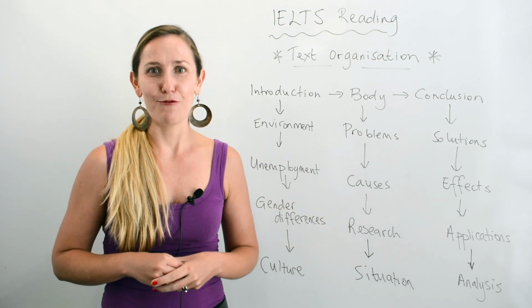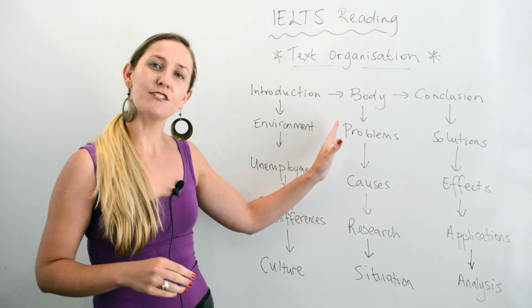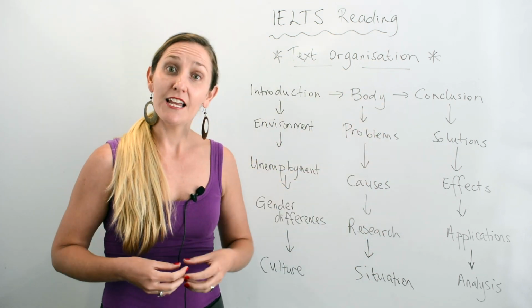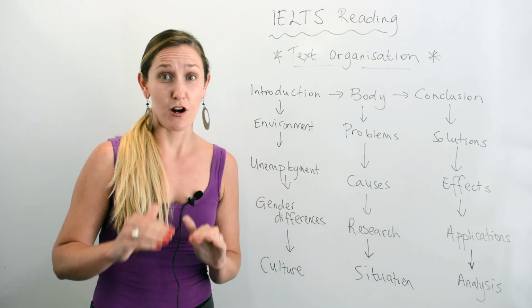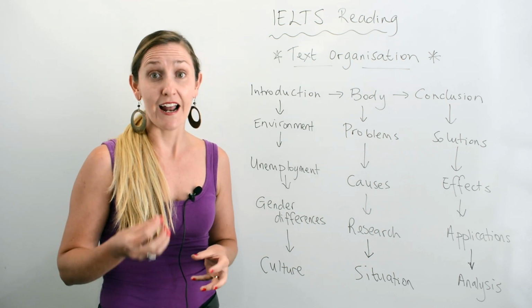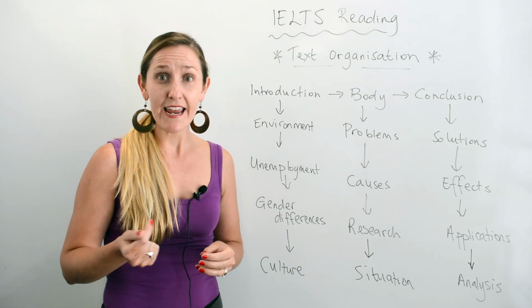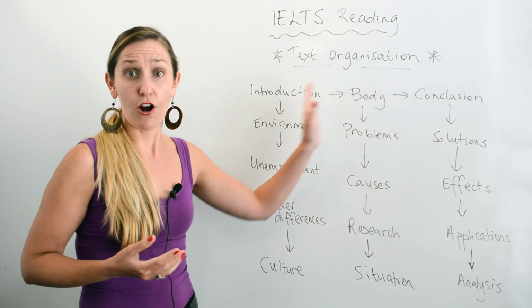Let's quickly summarize what we've talked about today. So this information here is about text organization. I've been telling you that usually academic texts follow a very logical structure, and if you understand that structure, you're going to be able to locate answers that you need quickly and effectively. So review these structures when you're at home.